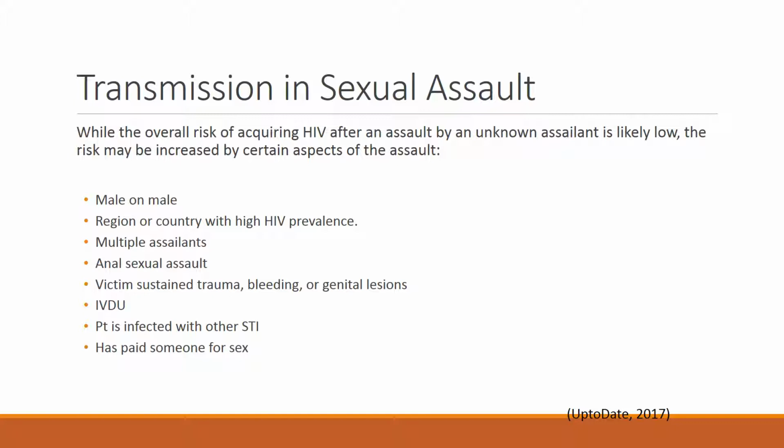Is the assailant an IV drug user? Was the patient infected with any other STDs? As I mentioned, herpes, chlamydia, that can all increase transmission of HIV. And is there any sex work history, or have they paid someone for sex in the past?